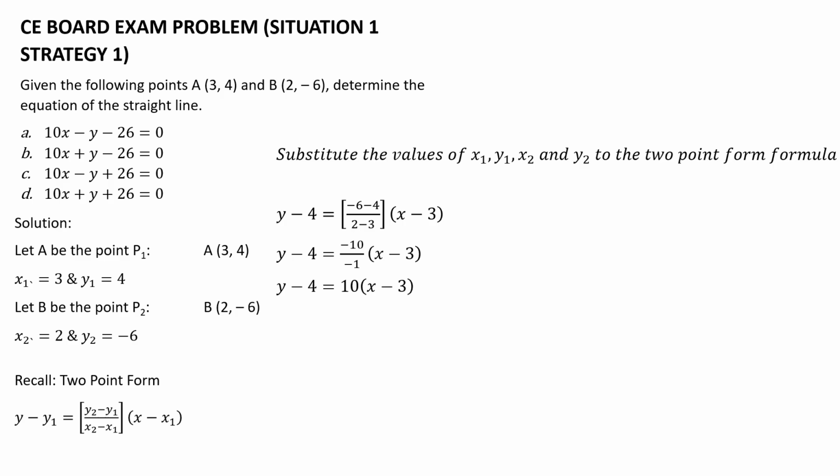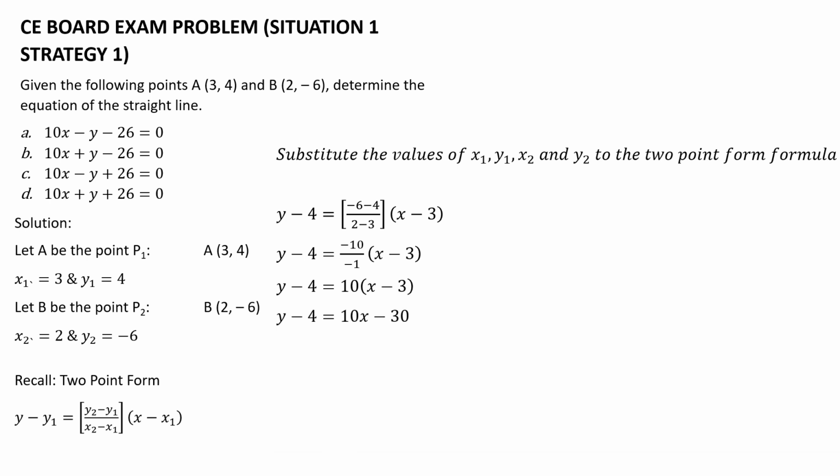Simplifying it, we have y minus 4 equals 10 times x minus 3. Since negative 10 over negative 1 is positive 10, because the numerator and denominator are both negative, we can have a positive result. That's why we have y minus 4 equals 10 times x minus 3.